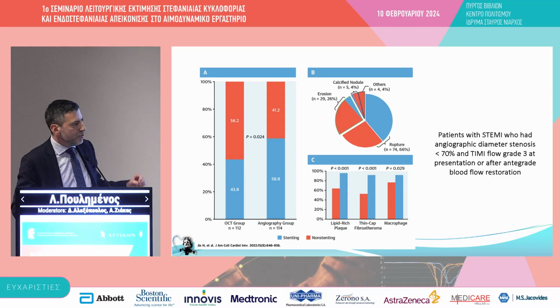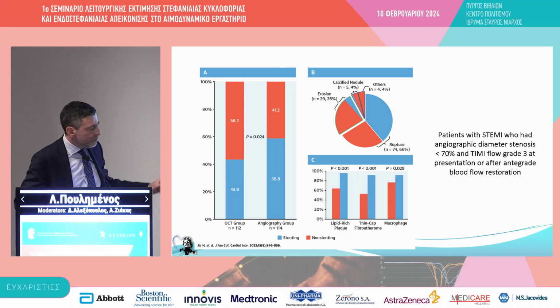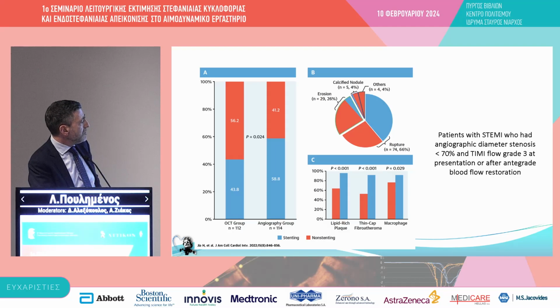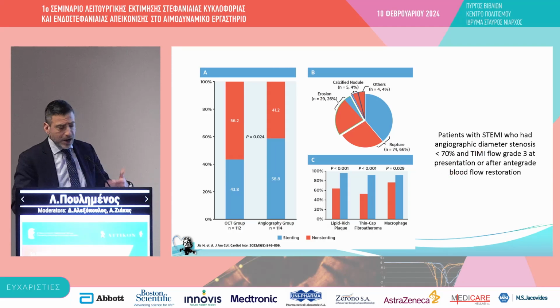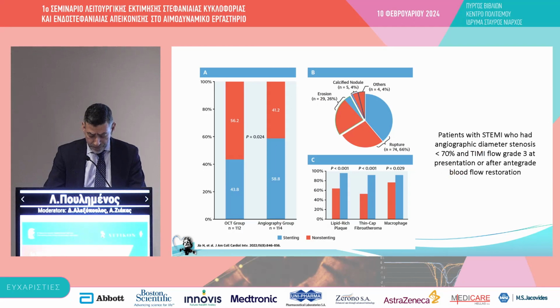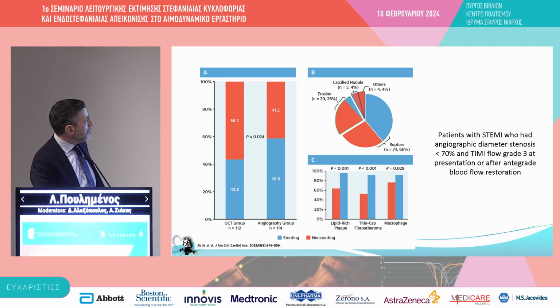Because we have strong data. Here are the EROSION 3 study results. When we had patients with STEMI, with angiographic stenosis below 70% and TIMI grade 3 flow presentation or after flow restoration, you see with OCT we had less stenting.